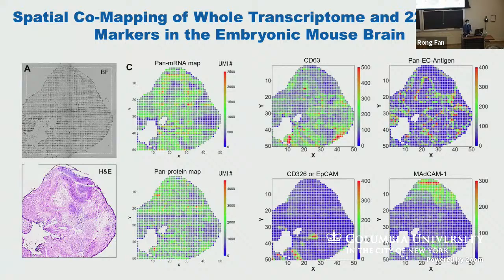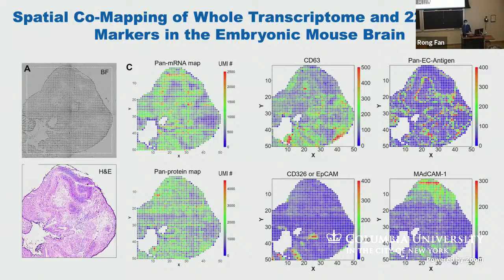If you look at individual proteins, for example, right here, this pan-endothelial antigen tells you where the brain microvasculature is located. I'm not a pathologist by training, so I have no way to tell where the microvasculature is, but from the sequencing data, it's very clear. You can see the microvascular network. So it tells you that endothelial organs start to develop at this stage.